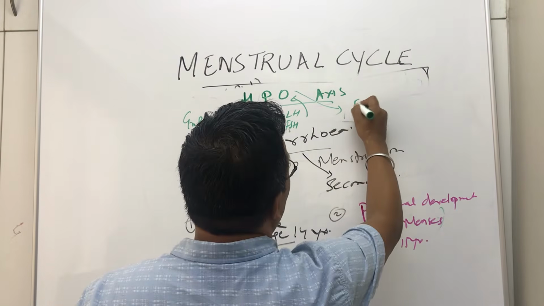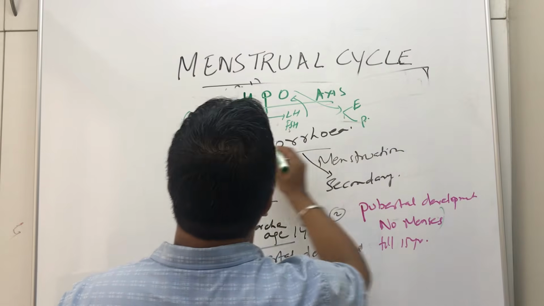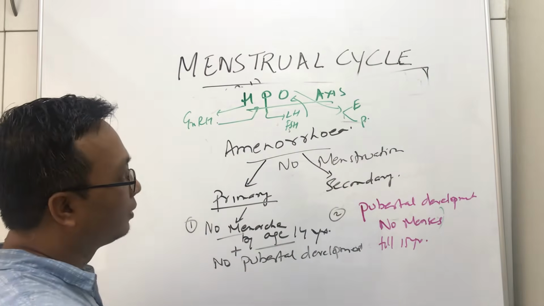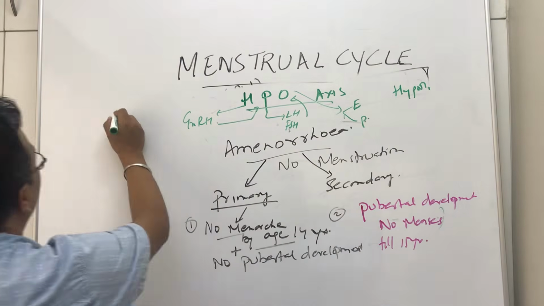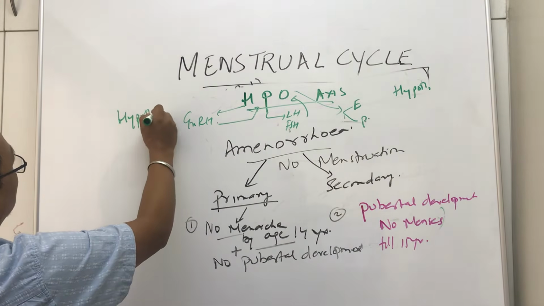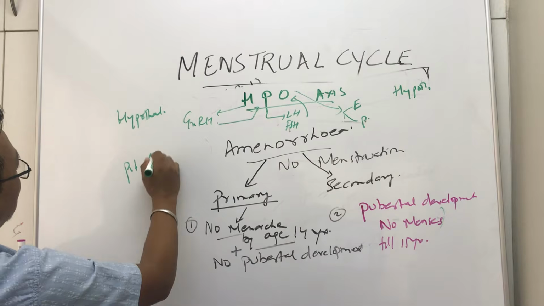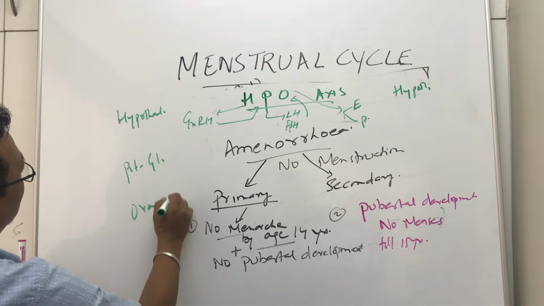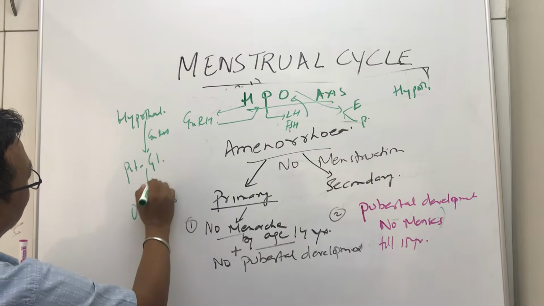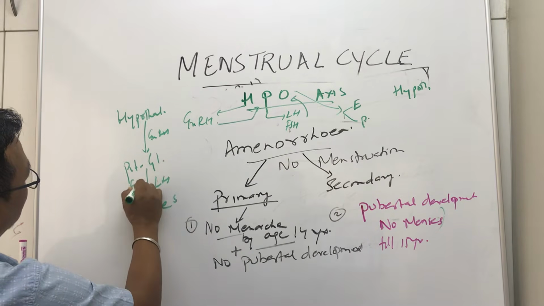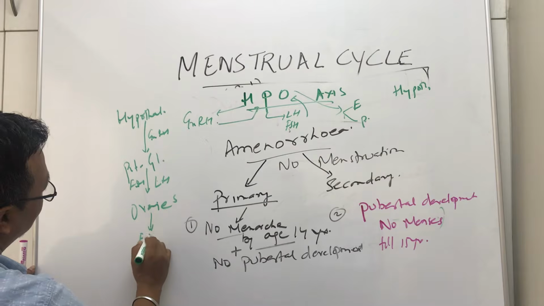Estrogen and progesterone. So this is the HPO axis: hypothalamus, pituitary gland and ovaries.